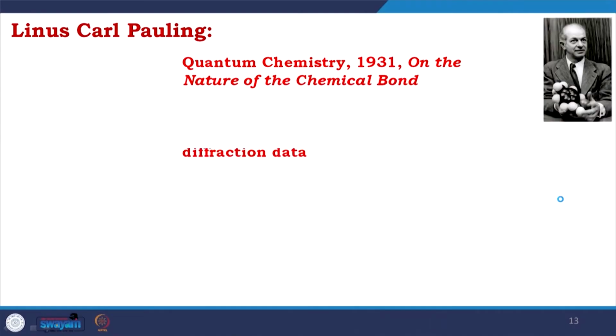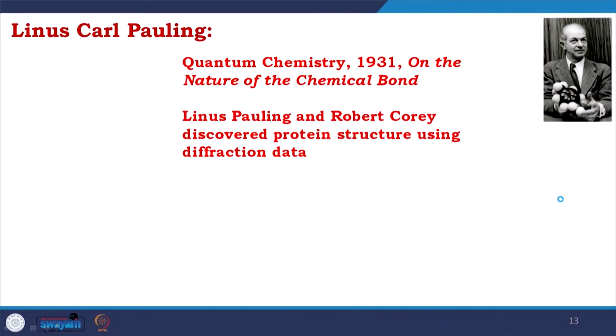If that alone were the contribution of one scientist, they would be happy enough. But Linus Pauling then, along with Robert Corey, discovered protein structure using diffraction data. He was awarded the Nobel Prize for this work. He was not stopping even then. The reason I want to talk about him here: we now know about the DNA structure.